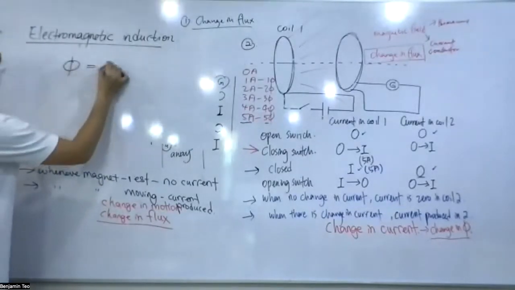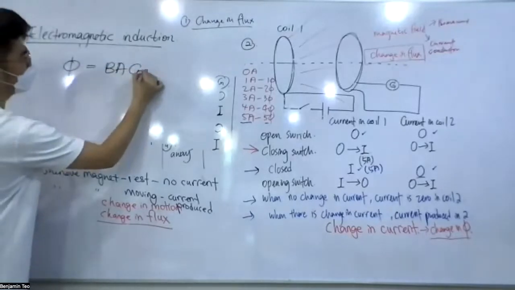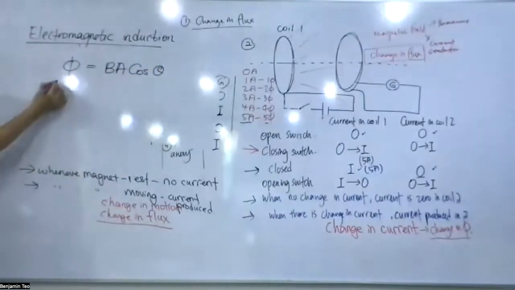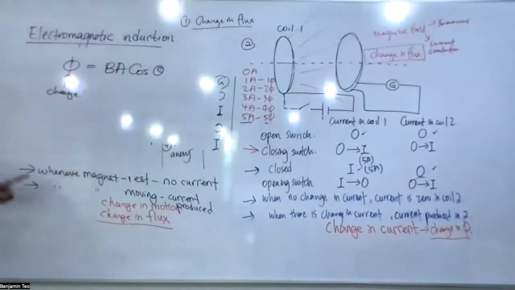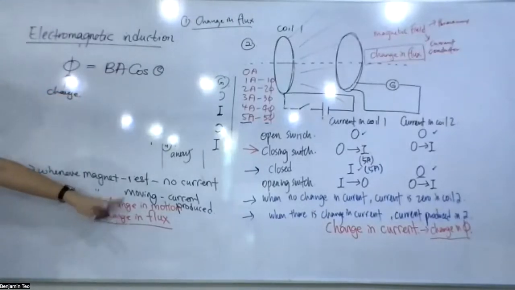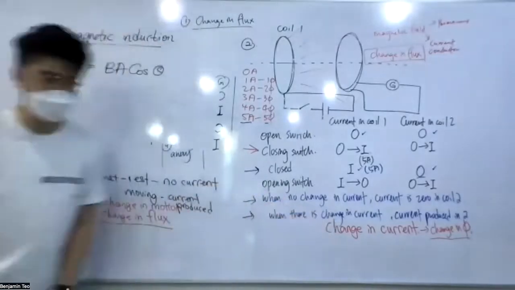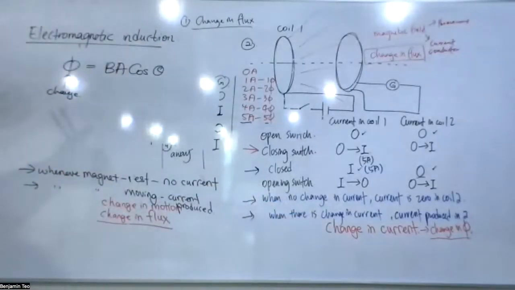Phi equals BA cos theta. If I want to produce a change in this flux, what we discussed here, change in motion and change in current, that is just 2 of the many ways.